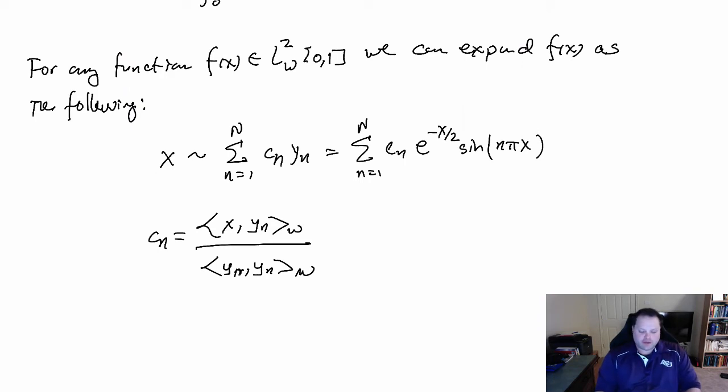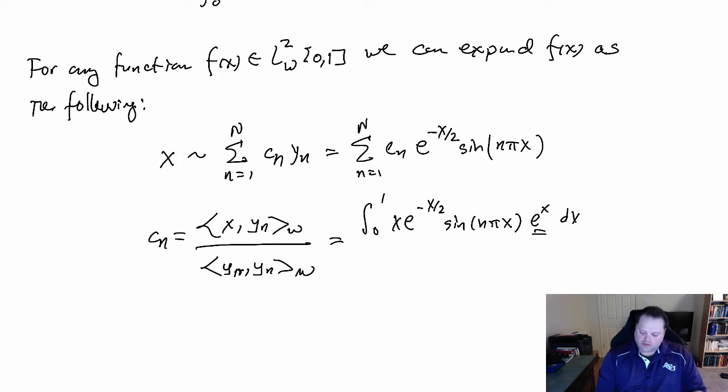So this is like the norm squared of the weighted eigenfunctions. And so this would be the integral from 0 to 1 of x e to the minus x over 2 sine n pi x times e to the x, don't forget the weights, do not forget the weight functions, over the integral from 0 to 1 of, whoops, almost made a mistake, it's the weighted one.